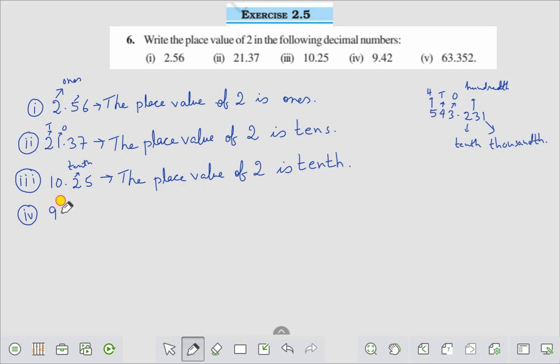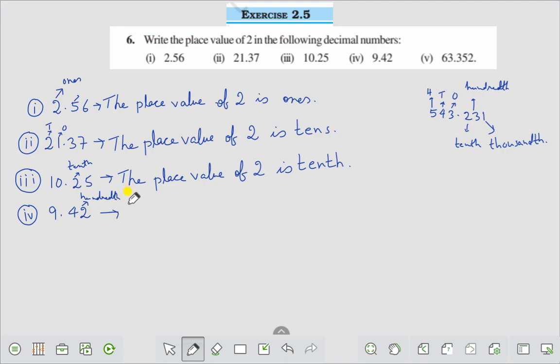Now question number 4 is 9.42. Here you see, the place value of 9 is ones, the place value of 4 is tenth, and the place value of 2 is hundredth, that is HUNDREDTH, hundredth, right?